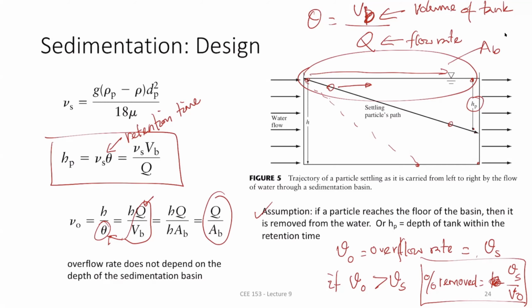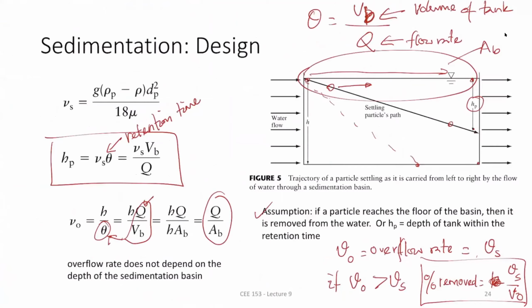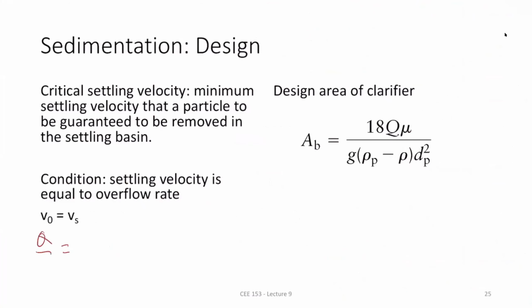Now that you know these definitions, let's solve the questions. Again, critical settling velocity has to be equal to the overflow rate for things to be removed. So overflow rate, Q by AB, is equal to the velocity of settling.